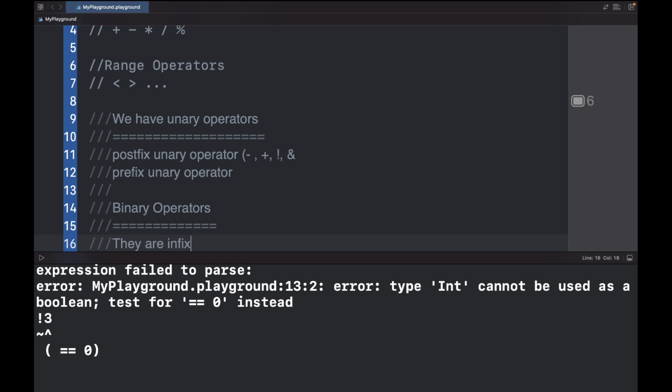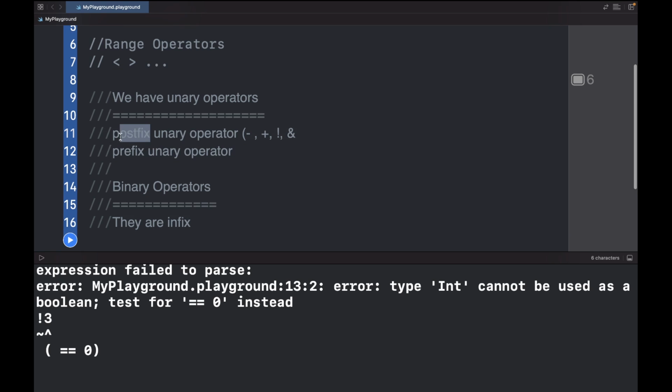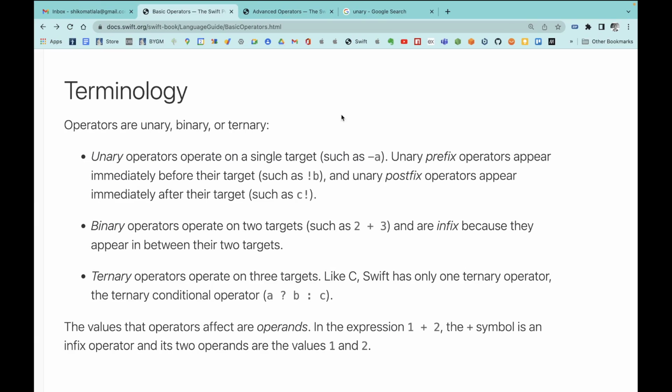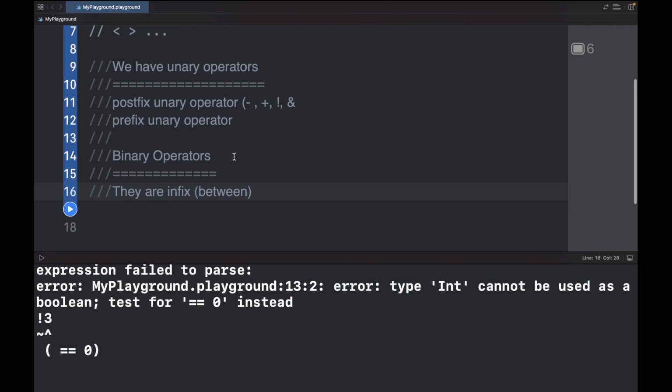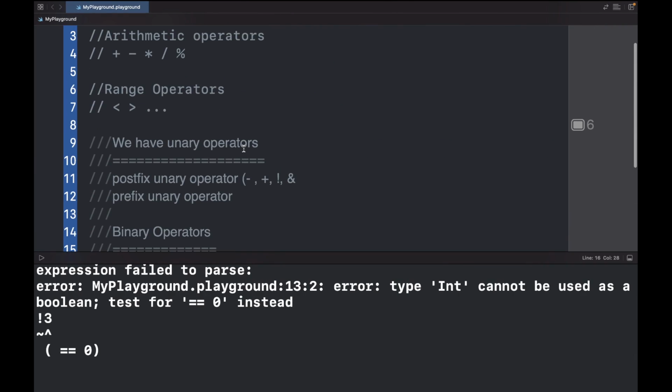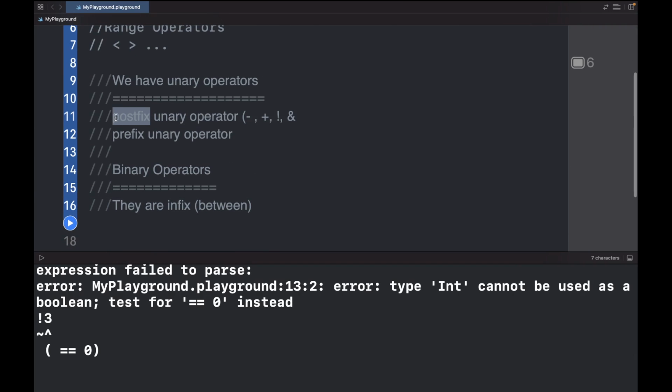In other words, that means we have postfix, prefix, and an infix that is between. I feel like I should write this down somewhere. We have postfix, we have prefix, and then we have infix. So infix is between.